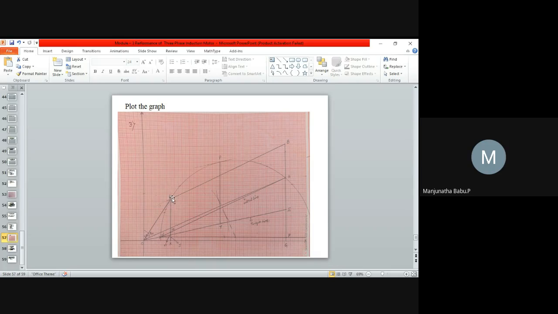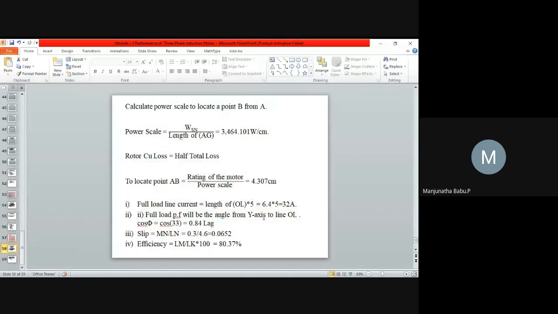Mn I'm getting as 0.3 centimeters, and Ln I'm getting as 4.6 centimeters. So full load slip will be 0.0652. In terms of percentage, we'll be getting it as 6.5%.